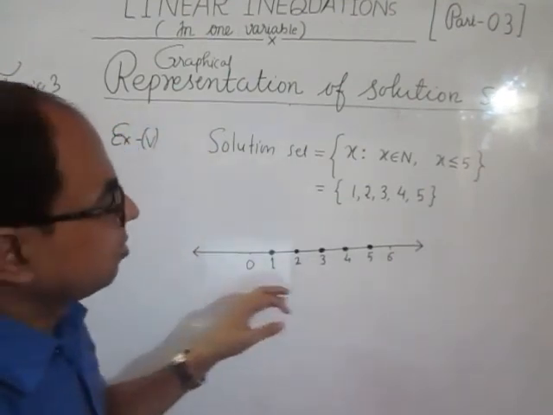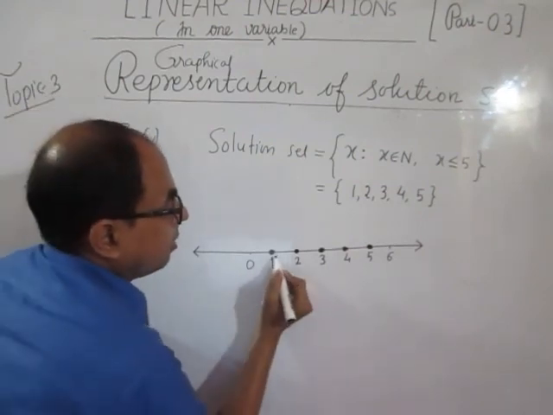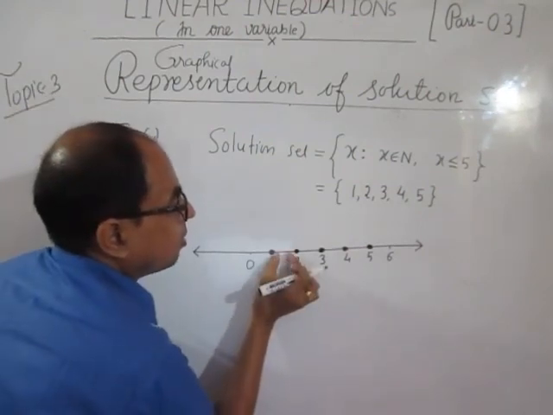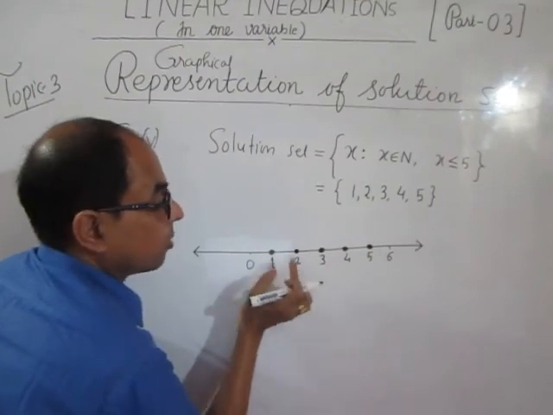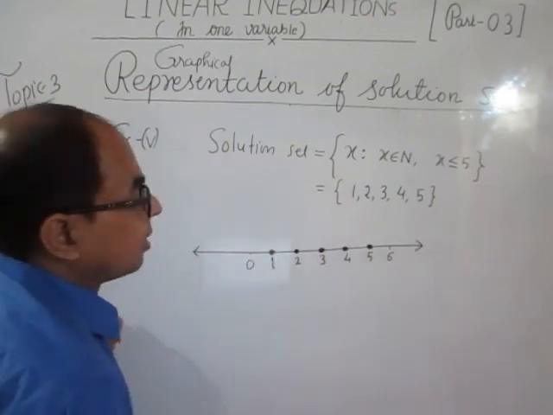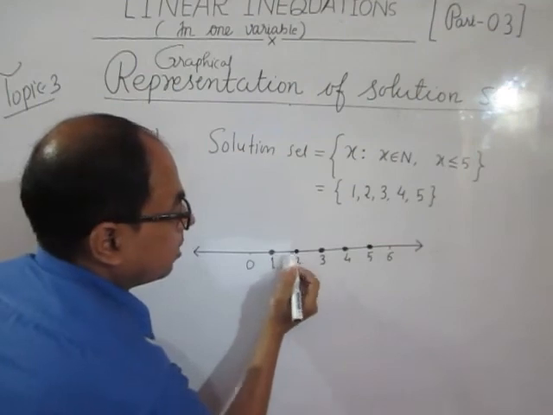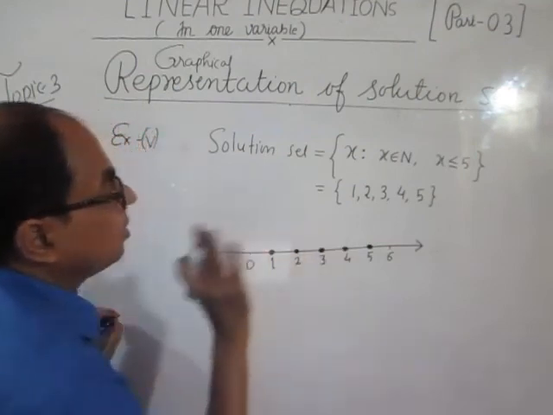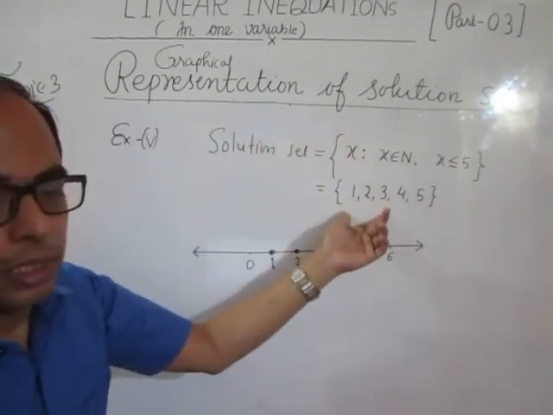Now 0 is not included, 6 is not included. Now don't dark the line between 1 and 2, because after 1 directly the solution is 2. The numbers between 1 and 2 are not the solution of the given inequation. So don't dark it. Clear? So this is the required graphical representation of this solution set.